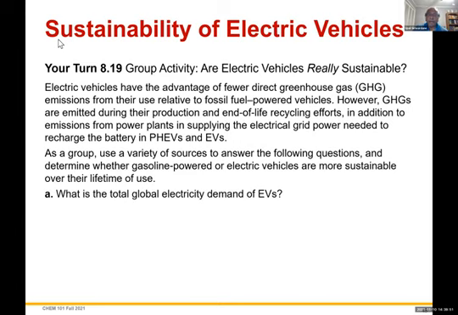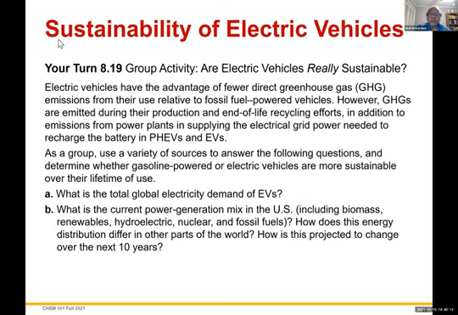They're going to take up some of the grid electricity to charge the batteries. So that's going to be an important factor in deciding how we produce electricity to provide an outlet for different electric vehicles.